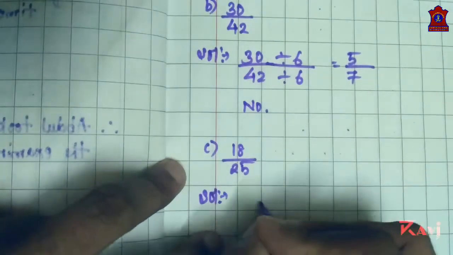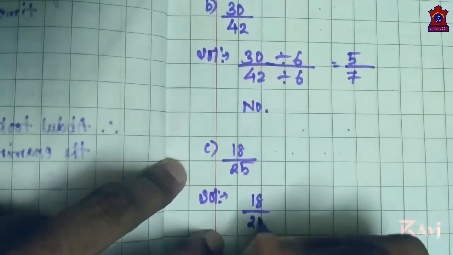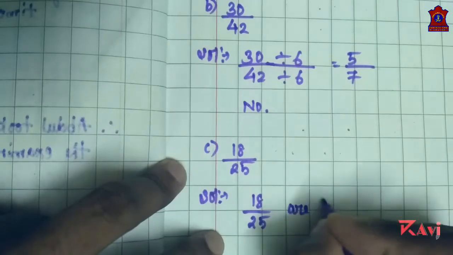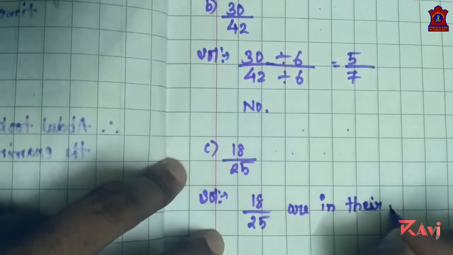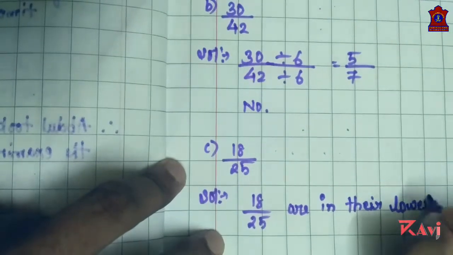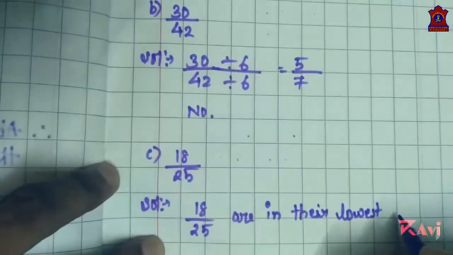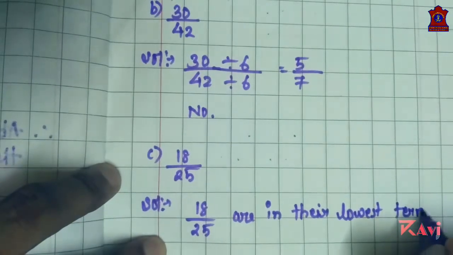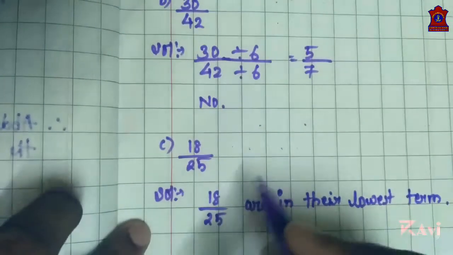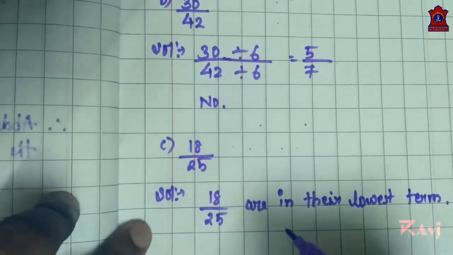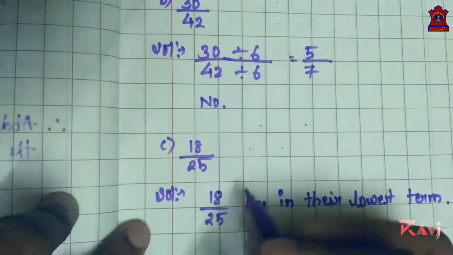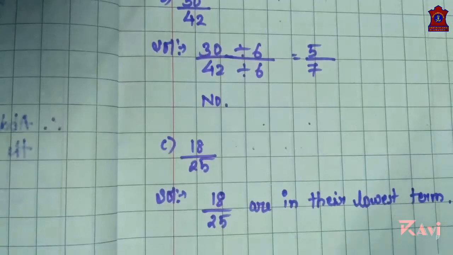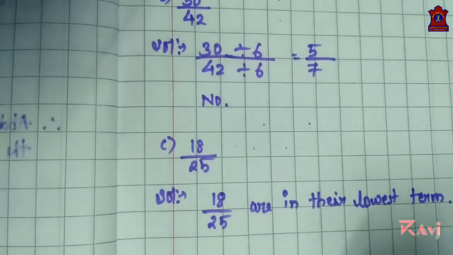Therefore, 18 and 25 are in their lowest term. Clear? Because both the numbers are not divisible by the same divisor. So this fractional number is in its lowest term.